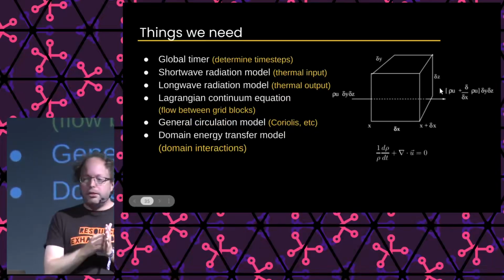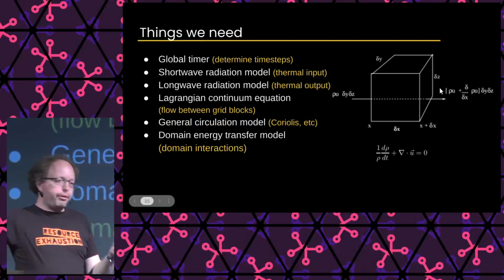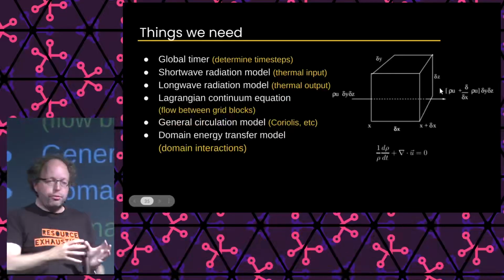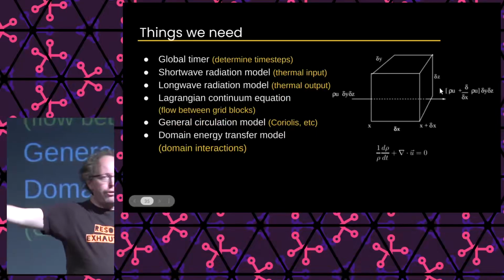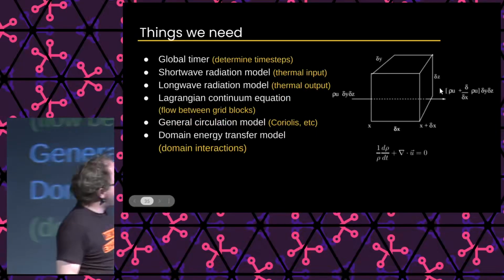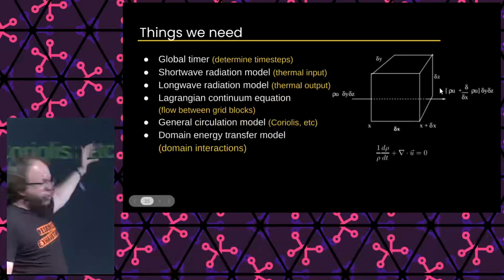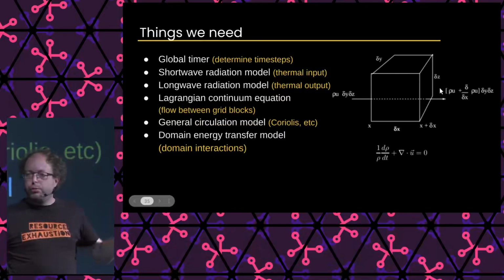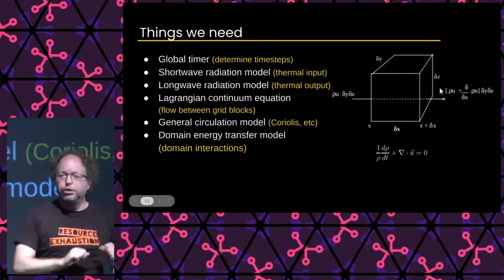You need some kind of shortwave radiation model for the input from the sun coming in. You need a long-wave radiation model, so for the infrared light going out from the planet. You need some kind of Lagrangian continuum equation, which is basically for modeling how flows go through each grid, so where stuff comes from and where it goes afterwards.